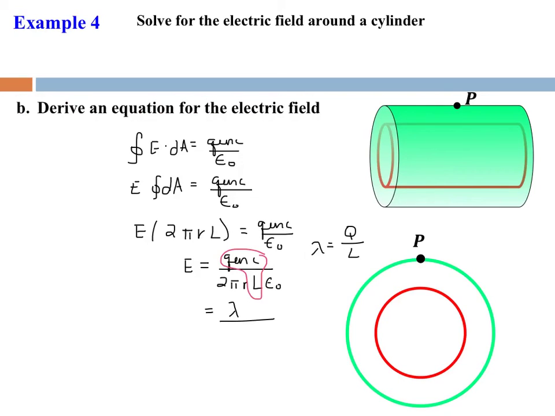So lambda over 2 pi r epsilon naught is equal to our electric field. Now here we had r and L. r was going to be the radius of our Gaussian surface, and L is the length of this wire or cylinder. Now L is not going to change, so that was a constant in this situation.